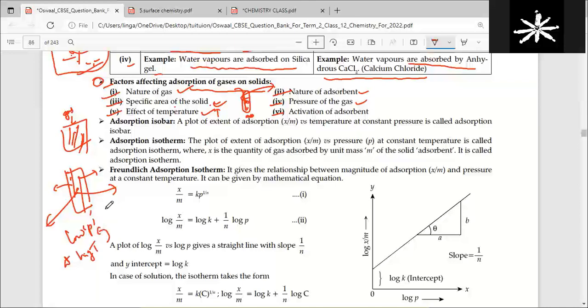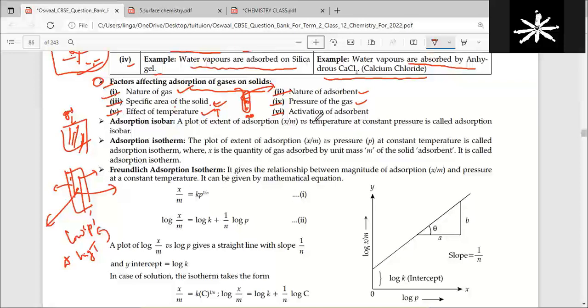Why? Because all gas molecules leave from that area, escaping. So temperature is also important. When temperature is rising, gas desorption takes place, so adsorption is decreasing.